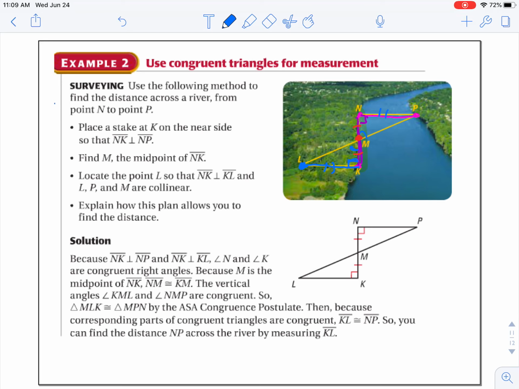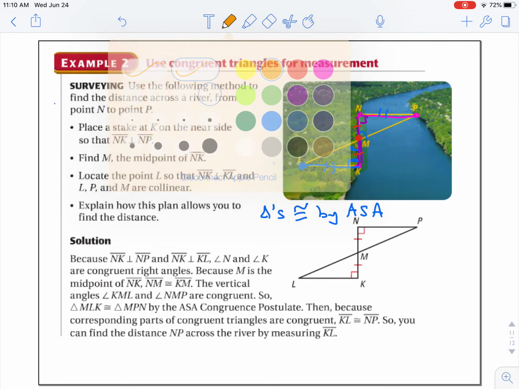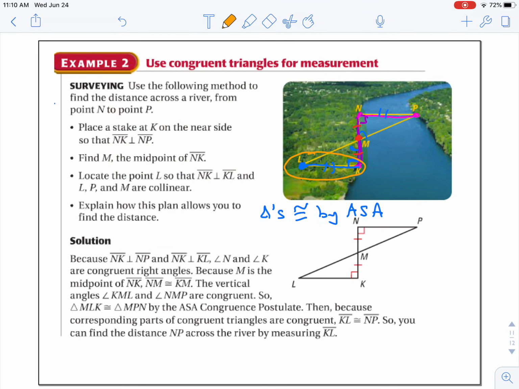The triangles are congruent by angle, side, angle: the vertical angles, the side from the midpoint, and the other angle, which is the perpendicular 90 degrees. Once we prove those triangles are congruent, all we have to do is measure this side right here, because it will be the same as this.